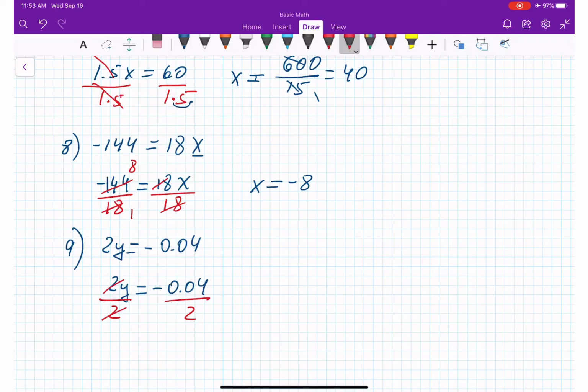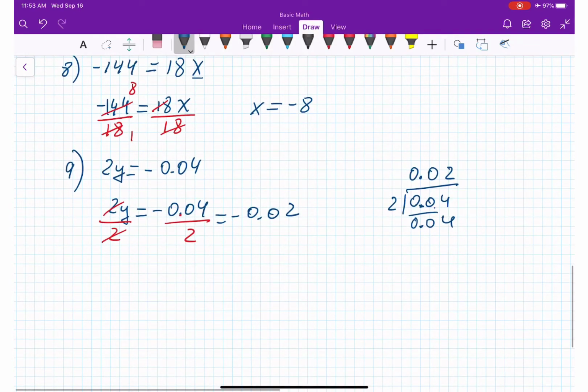But here, see, if the first number is decimal, it doesn't matter. We are fine as long as the denominator is not decimal. So what do we get if we divide 0.04 by 2? 0 divided by 2 is 0, and I place the decimal point here. Bring down this second 0, 0.0, right? I'm getting again 0. And then I bring 4 divided by 2 is 2, which will be negative 0.02.